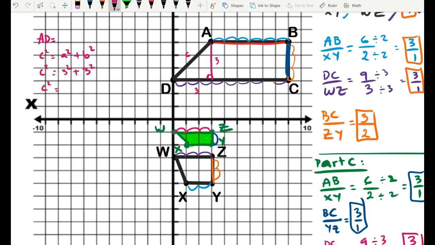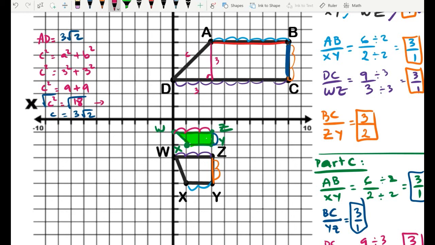So C squared equals 9 plus 9. C squared equals 18. To get C by itself, you take the square root. So C equals 3 square root of 2. So one more time, AD is 3 square root of 2.